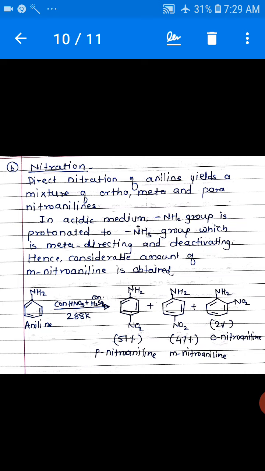Nitration, that is here aniline heated at 288 Kelvin with nitrating mixture, that is concentrated HNO3 plus concentrated H2SO4. Here is the formation of 51% para-nitroaniline, 47% meta-nitroaniline and 2% ortho-nitroaniline.